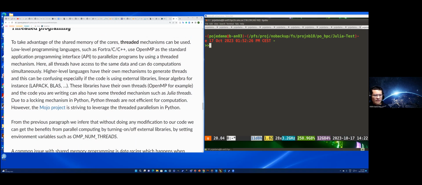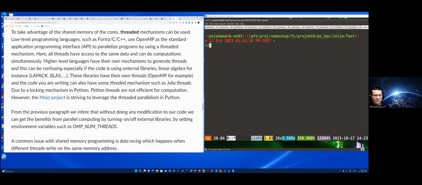In the case of higher level languages, they could have some mechanisms to generate threads. And I wrote here that this can be confusing, especially if you use some linear algebra packages, for instance LAPACK, because these external libraries have their own threads, which in general are OpenMP threads, but the higher level languages could have their own threads as well, right?